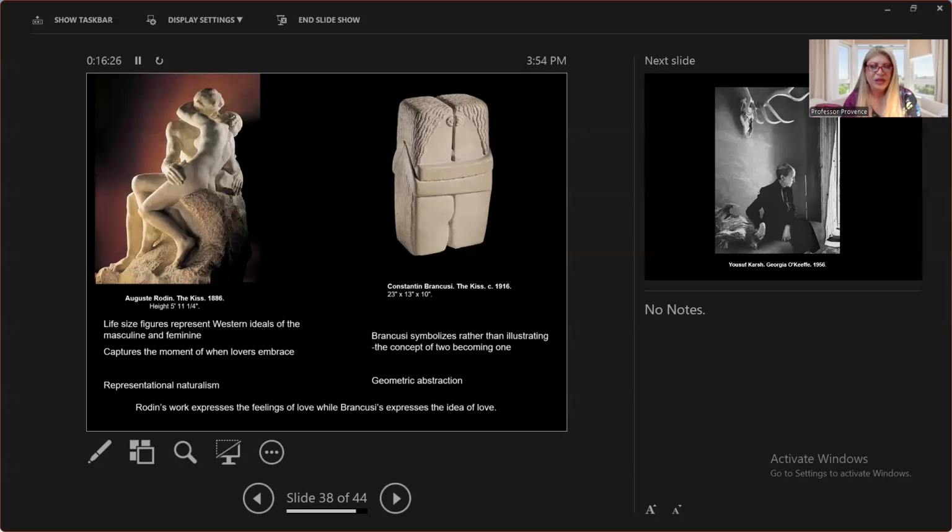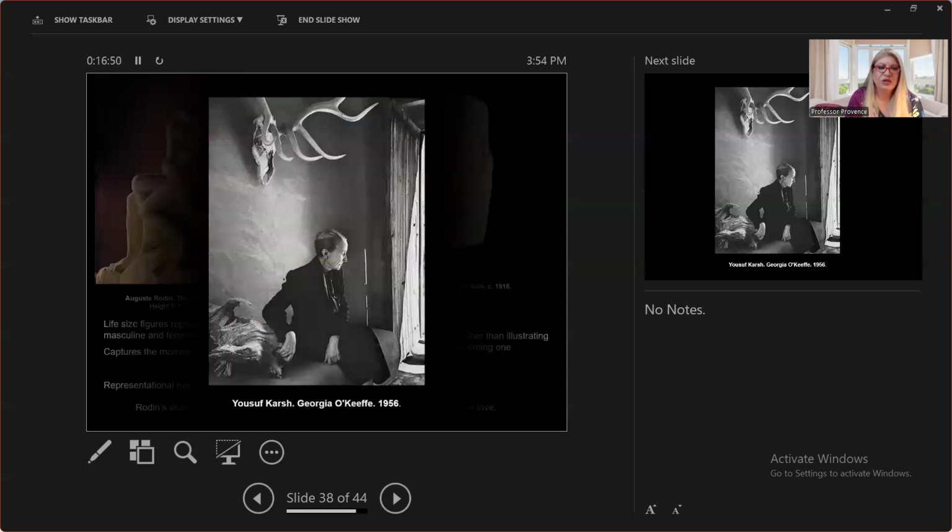Well, Brancusi, he's trying to express the idea of love, just kind of on the surface of it. So there's a sensuousness, and then there's this kind of, I wouldn't say distance, but something that seems to be a little bit more removed, okay, about just the idea without it being so specific through these two works. So the content can change.